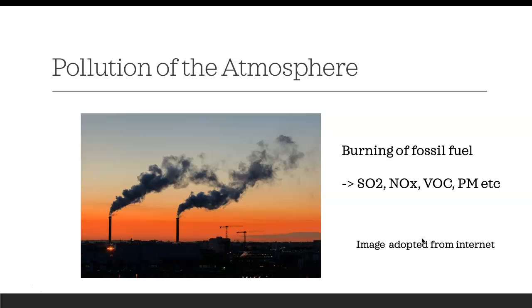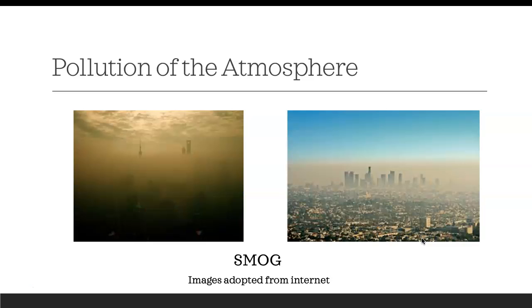Burning of the fossil fuel not only warms up the whole planet, it also produces a lot of air pollutants. And this is an image of the smog. You can see how bad the air quality is.